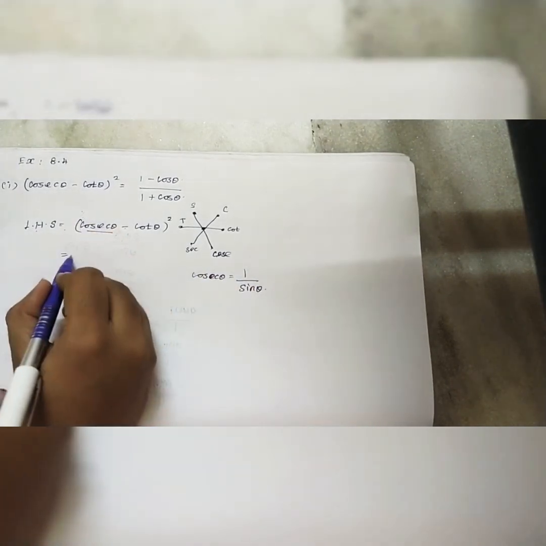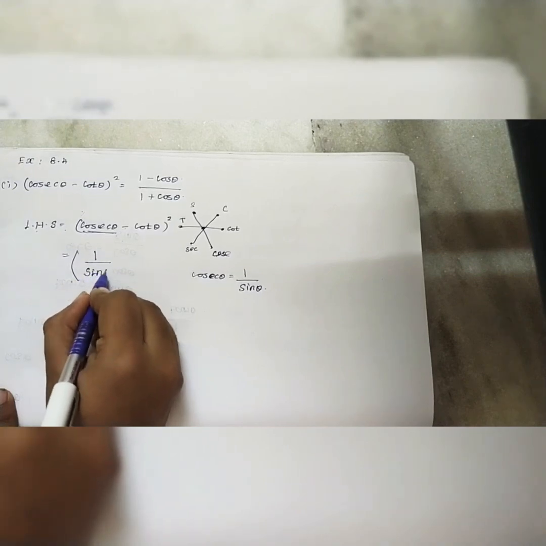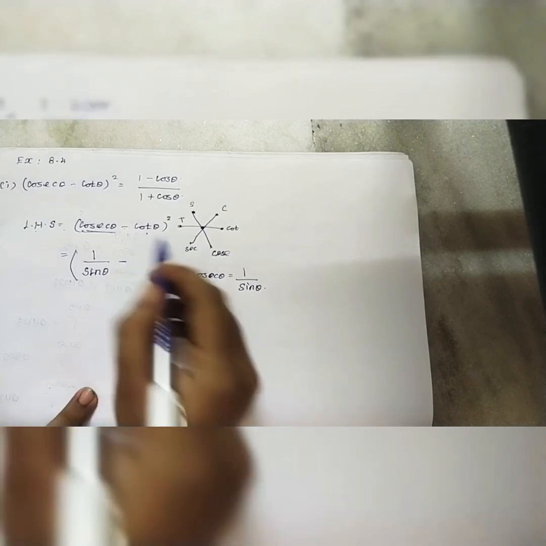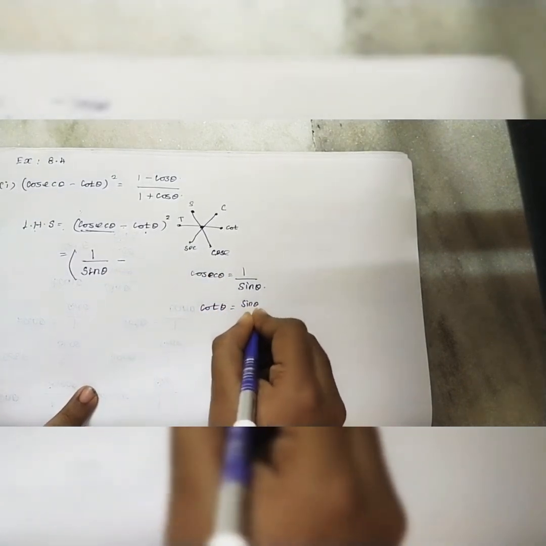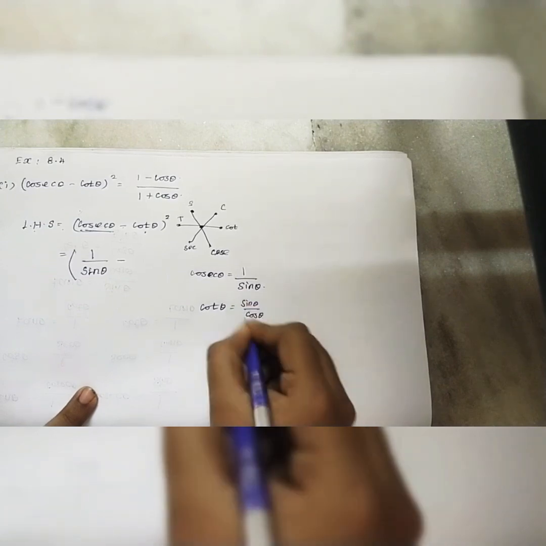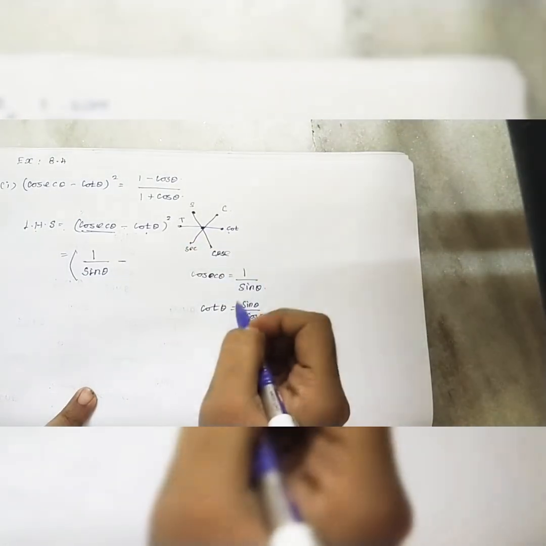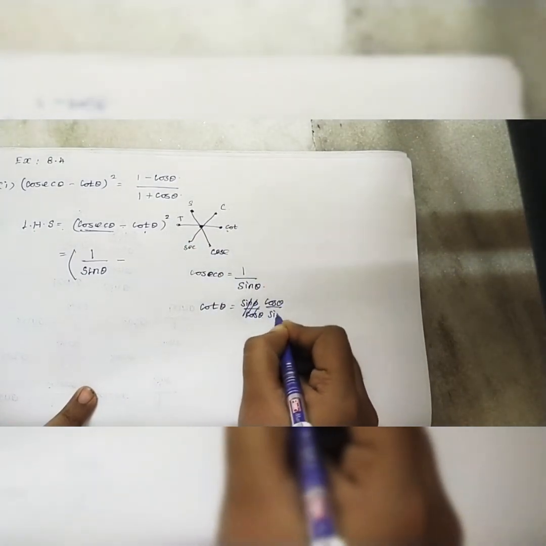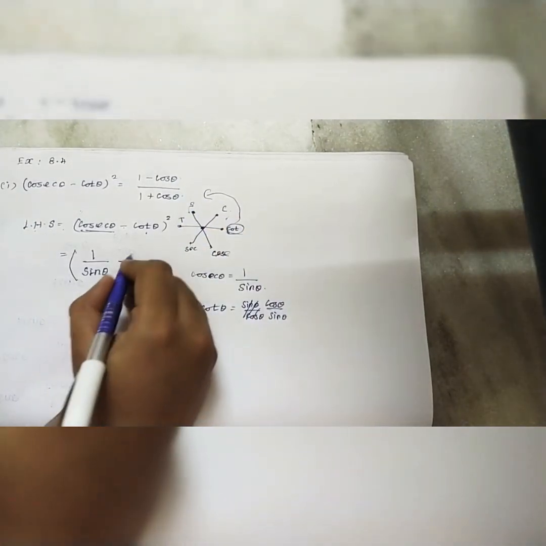So instead of cosecant theta we can write 1 divided by sin theta, minus cot theta. Already we know the formula: cot theta can be written as cos theta divided by sin theta.